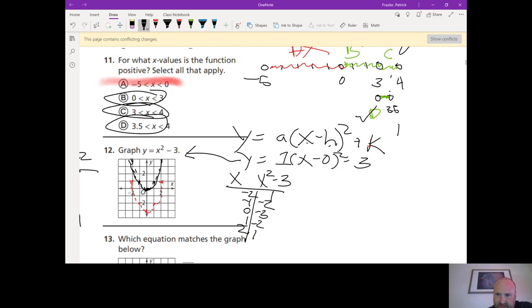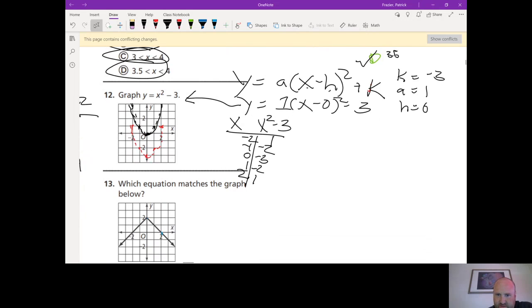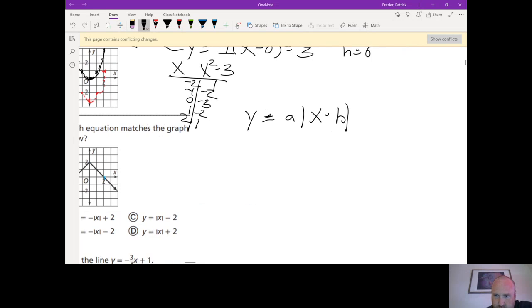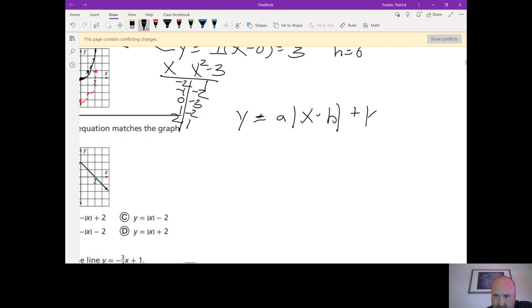In this case, k equaled negative 3, and a equaled 1, and h equaled 0. So now we're working with the same idea, except it's absolute value. So we have y equal to a times absolute value of x minus h plus k again.